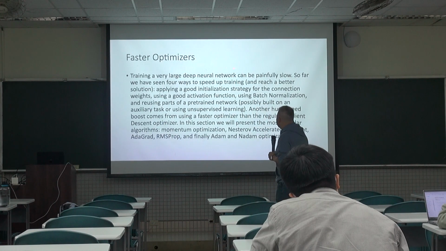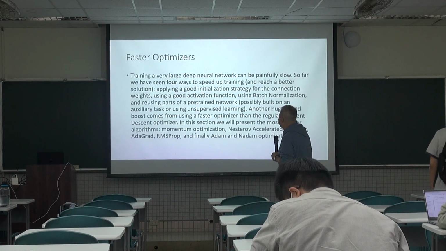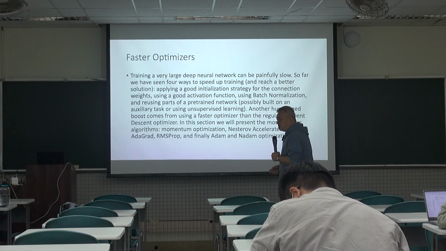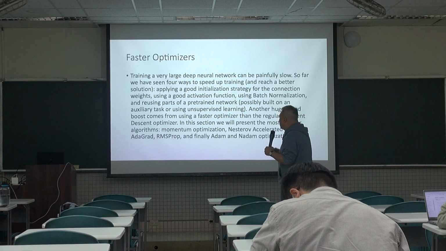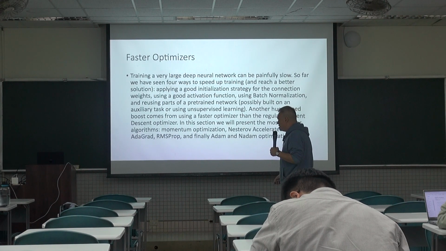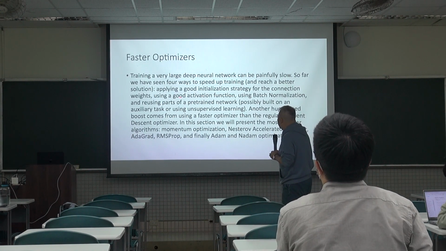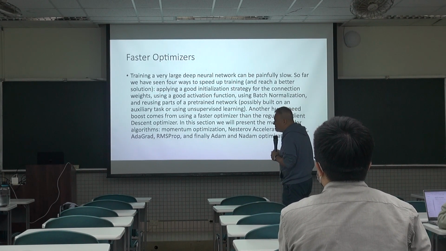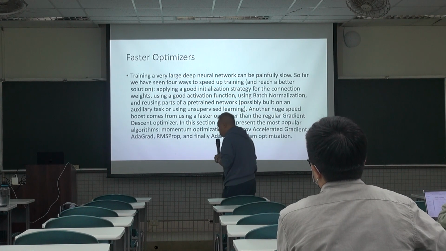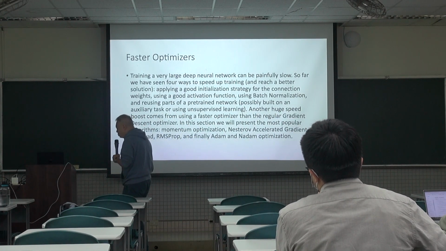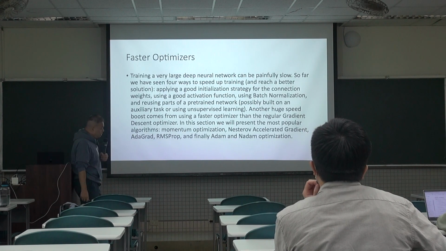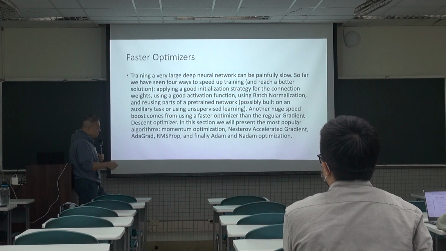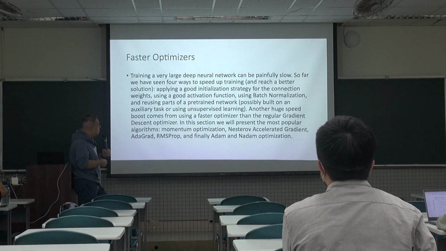For example, we can apply a better initialization strategy, such as Lecun, He initialization, Xavier initialization, remember? And we can use better activation functions, such as variants of ReLU, as well as ELU or SELU. Those activation functions also help you train the model faster.